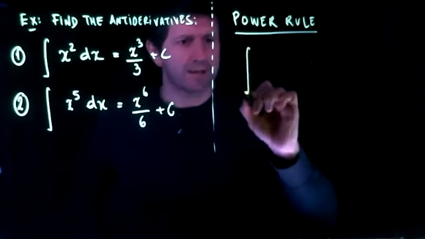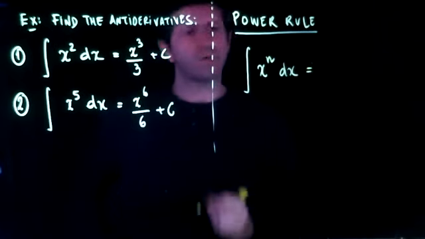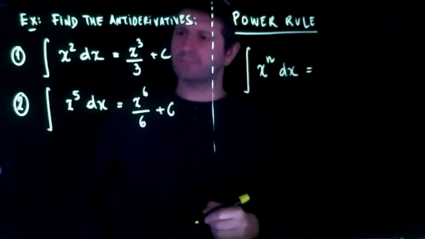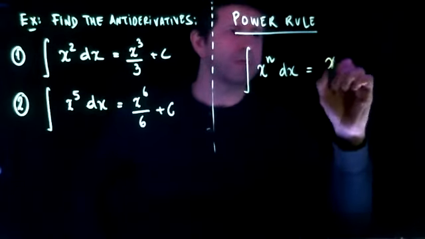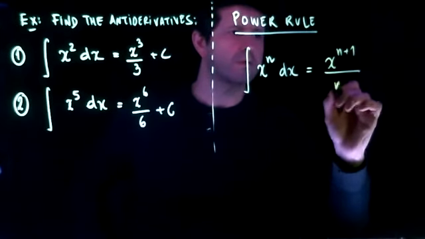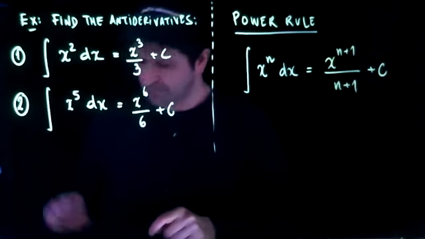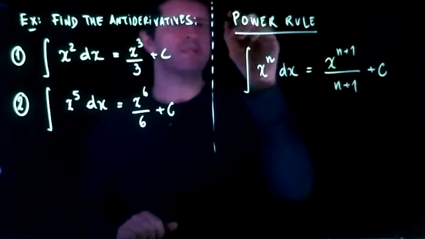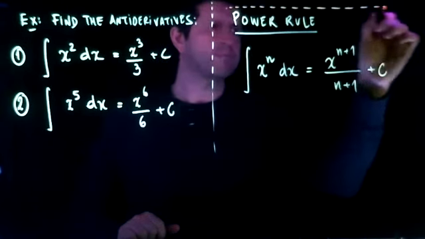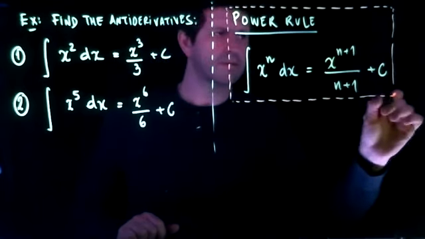The antiderivative of x power n dx is equal to, can you tell me? x power n plus 1 over n plus 1 plus c, don't forget the plus c. Here's our first big rule, the power rule. Put a box around it so that you don't forget it.